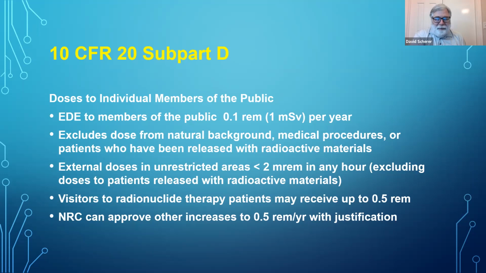This excludes natural background. The average natural background in the U.S. is about 300 millirem. The dose to the public from all sources, medical, natural background, etc., is 620 millirem a year. This is comparable to, somewhat less than, what people normally receive from natural background.